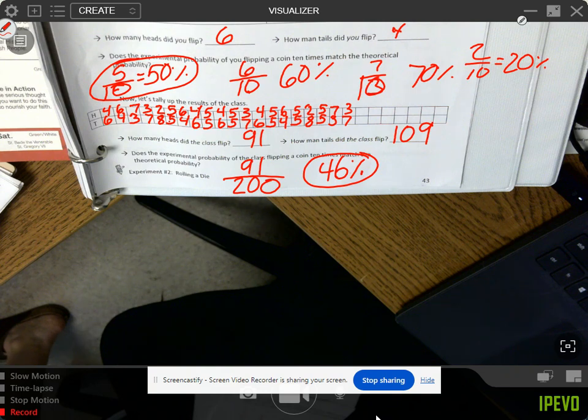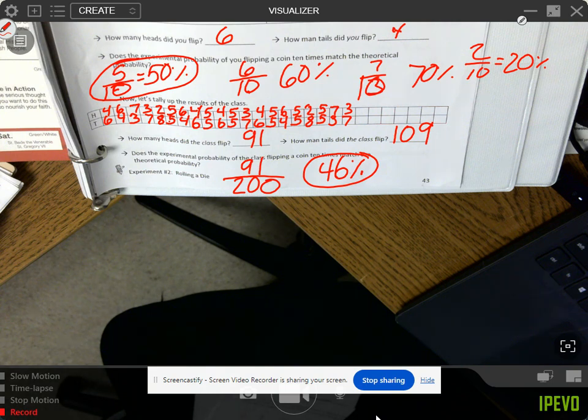46% is really close to 50%. If you had gotten 60%, which is closer to 50%, 46 or 60? Which one is closer to 50%? If we have 46%, we had that theoretical probability of 50%, and then a lot of us got 60%.